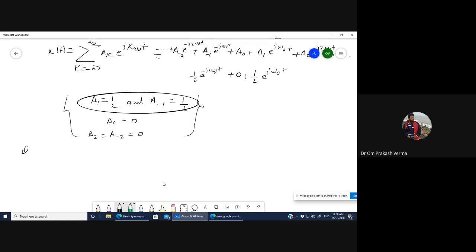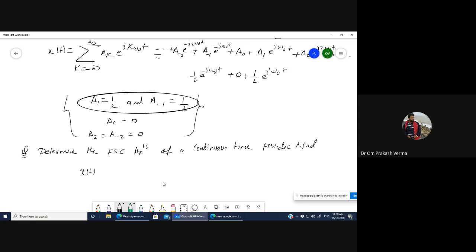Okay, next problem. Let's say we have to determine the Fourier series coefficient a_k of a continuous time periodic signal.